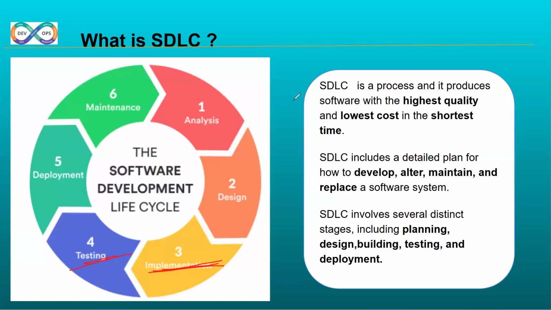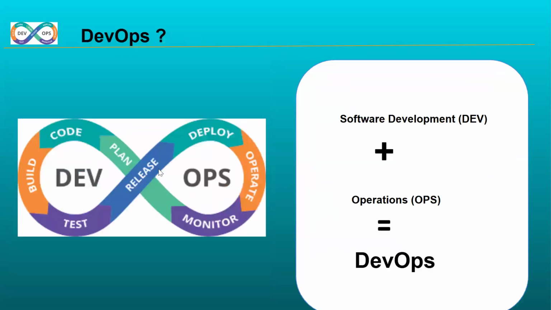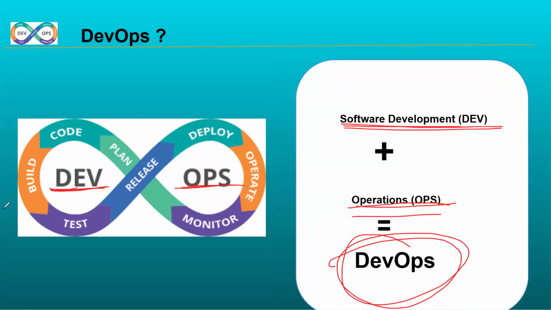But if you are a DevOps engineer, what exactly are you going to do here? Our roles and responsibilities start from the dev environment and end with what? Operation. That means the combination of software development plus operation is nothing but DevOps.